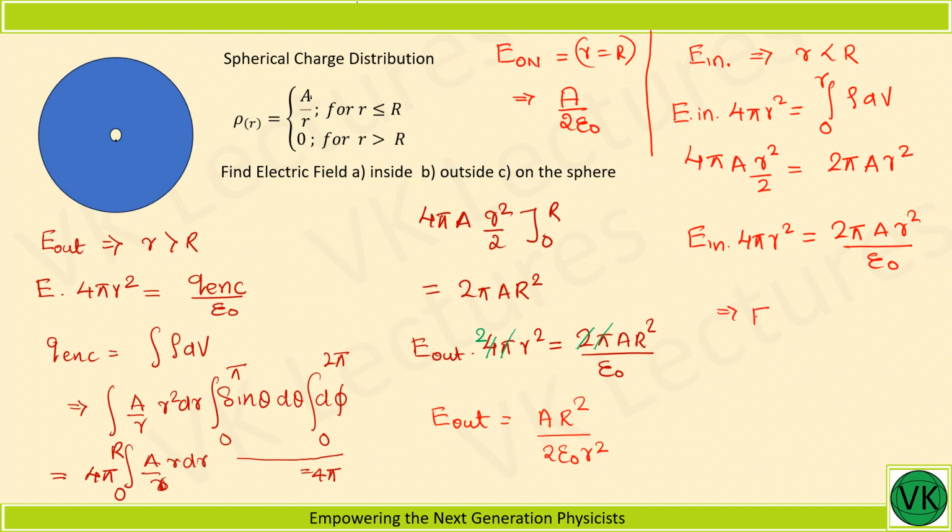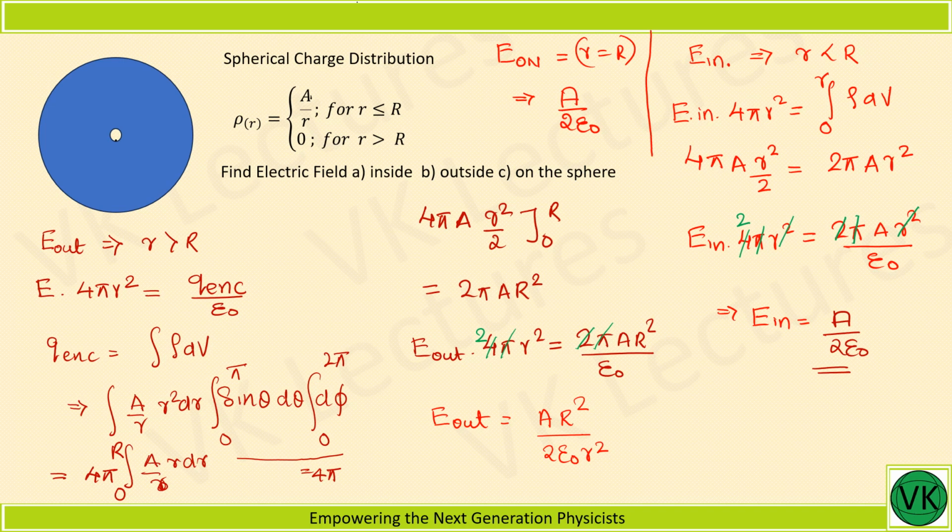So this implies E inside equals, cancelling out the common terms, pi, 4 is 2 times 2, r square and r square get cancelled, so what's remaining is A by 2 epsilon naught.